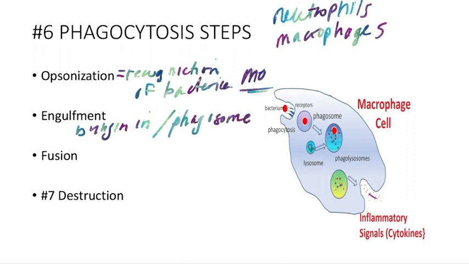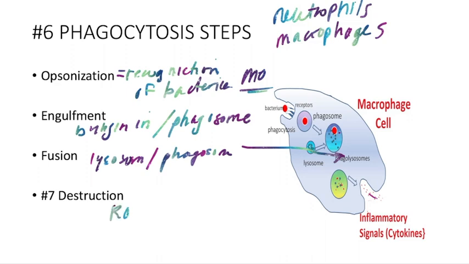Fusion: we have the lysosome and the phagosome, and we get the phagolysosome. And then killing of the microbe and degradation of the ingested material. For the destruction, we can get reactive oxygen species, reactive nitrogen species, and lysosomal enzymes. Those are the three mechanisms by which we can get killing of the bacteria.